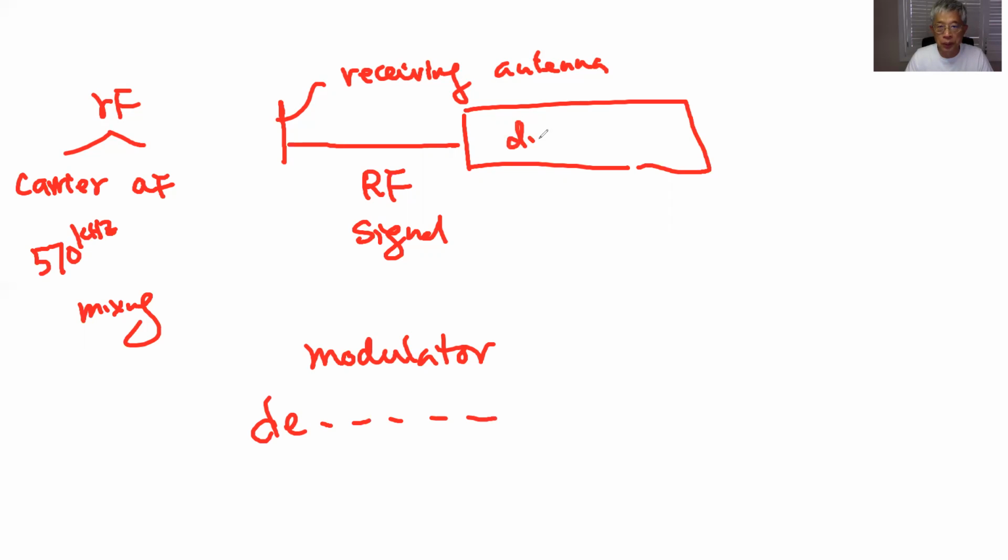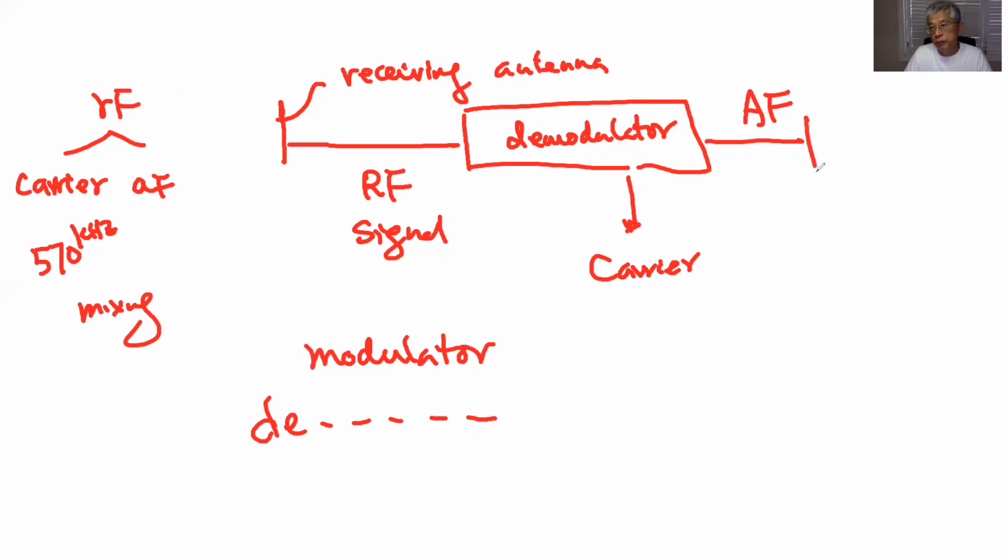So you have this audio frequency again, and your carrier is gone, you don't need it. Now you amplify it again with this AF amplifier. Hopefully it's a good amplifier, so you don't amplify just the noise, you amplify the signal. And now you send this one to the speaker.